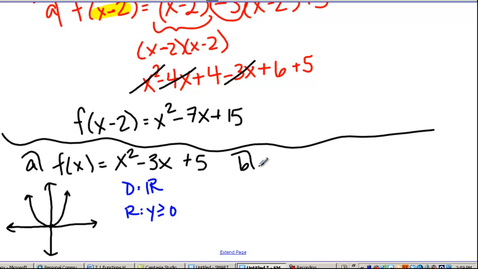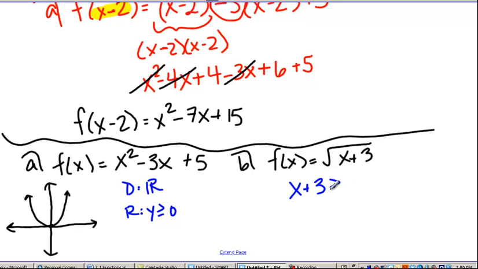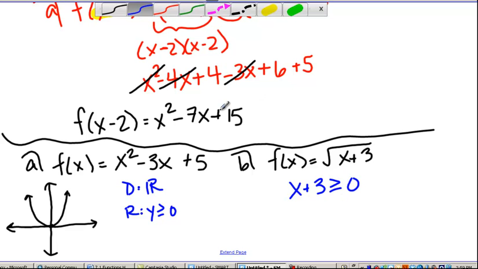Another one I want you to do is f of x equals the square root of x plus 3. Now, when you see a square root, you should know off the top of your head that x plus 3 must be greater than or equal to 0, because you can't have a negative under the square root, but you can have it equal to 0. So you solve for x.